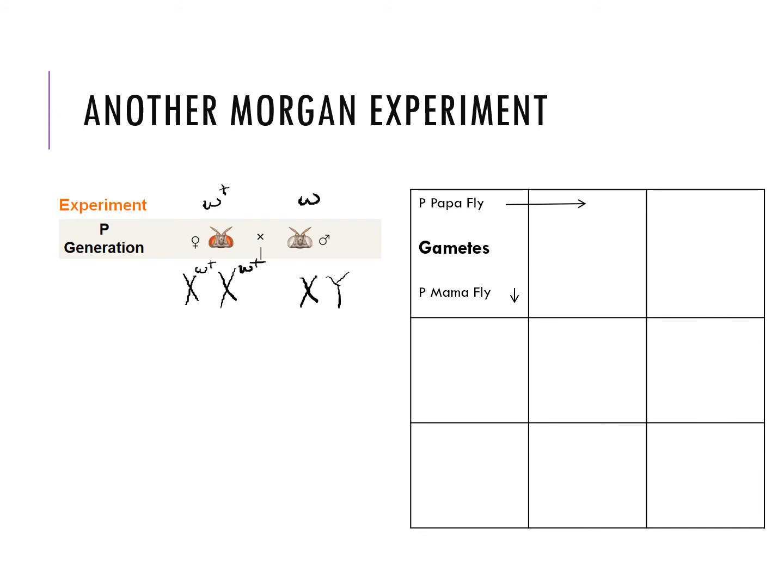And our male is going to be XW Y. And I've assigned it to the X chromosome because this particular gene is located on the X chromosome. It is considered an X-linked gene. So let's set up our Punnett square. We've got mama fly here, which is XX, with our W+, W+, and then papa fly is going to be XW and Y. We fill in our Punnett square.